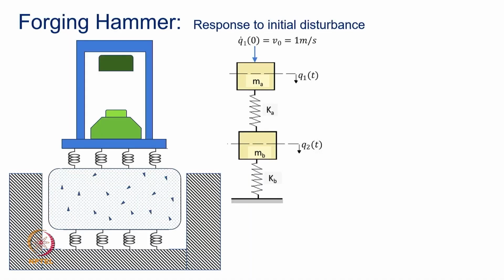So, I am taking an example which we highlighted once, that if you have a forging hammer having its anvil and a workpiece, isolated from a concrete block which itself is isolated from the ground in a way which is clearly shown here, and the hammer drops from a height.